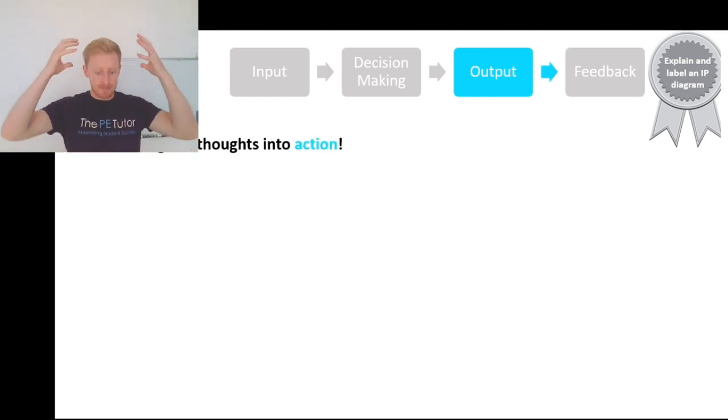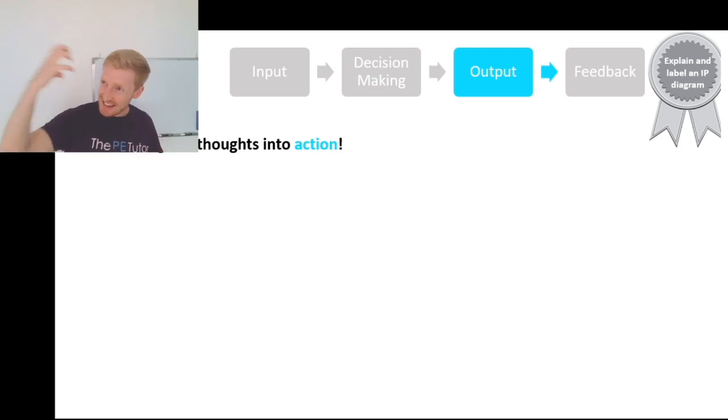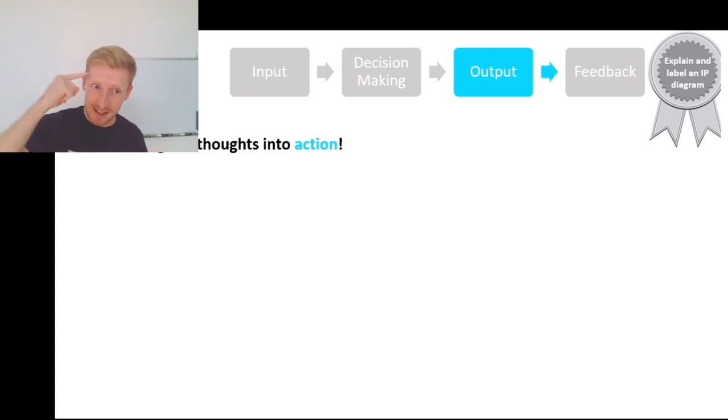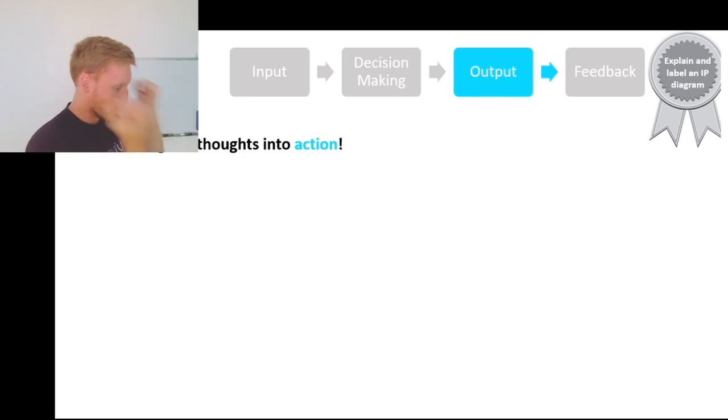So, output, third stage. We've made a decision, we know what we want to do, we can see the response happening inside of our brain or almost in our mind's eye. That doesn't mean we've done it yet. So we now need to convert this imagination of ours into a real life response. That's our output.